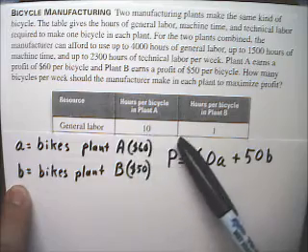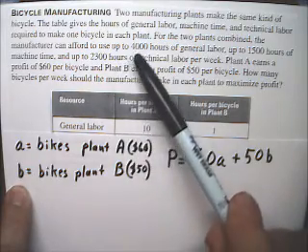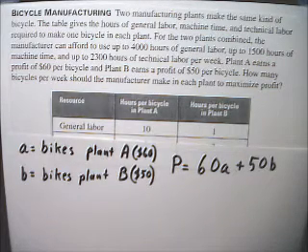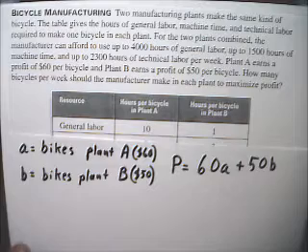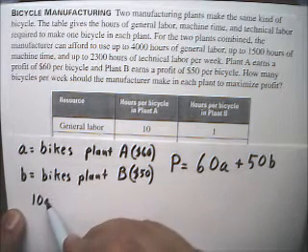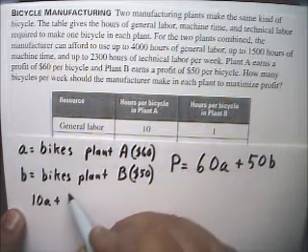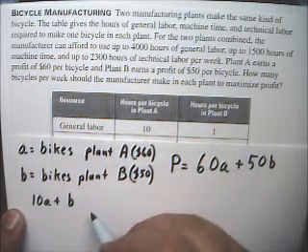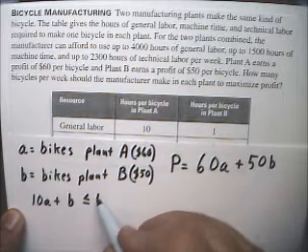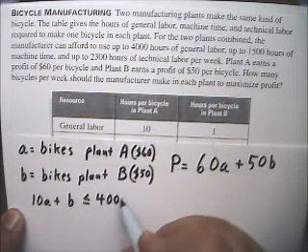And when we add up the general labor, it says that that can't be any greater than 4,000 hours. So, like I said, we're going to take 10A plus 1B, and that has to be less than or equal to 4,000 hours.